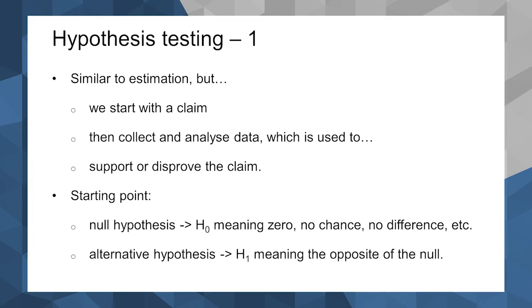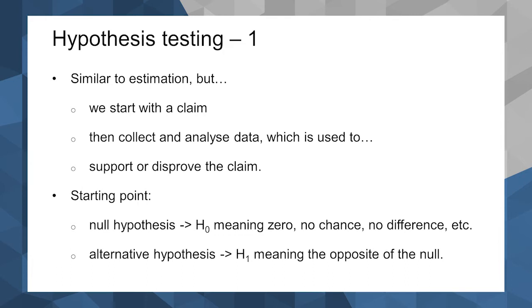With hypothesis testing, there's a step before this, and there's a step after this. So, estimation: take a sample, calculate the statistics for the sample, estimate for the population. Hypothesis testing: before I take the sample, I believe something. I have a hypothesis.